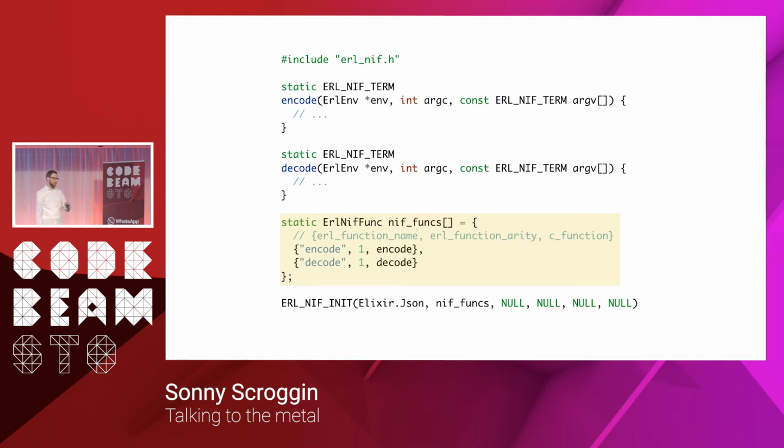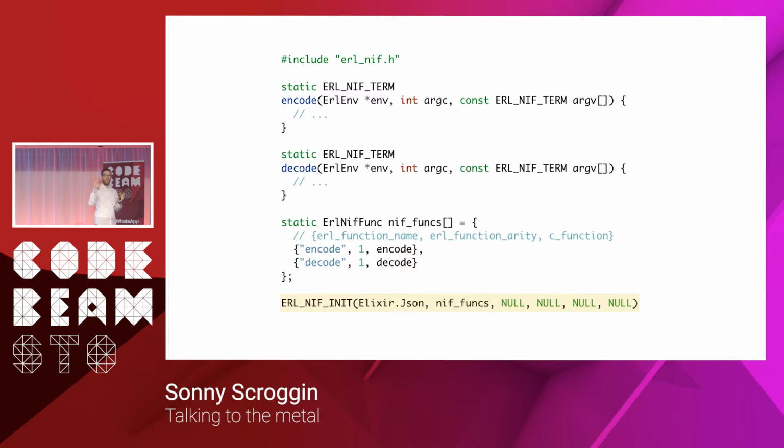Then you export it finally here with ERL_NIF_INIT. You pass in the module name as the first argument. When you're using Elixir, all Elixir modules are prefixed with Elixir. before the module name. Then you pass in your NIF funcs and then a bunch of other things that are not important at this moment.